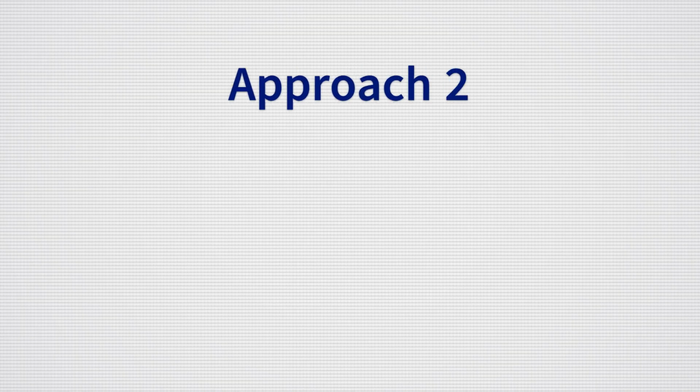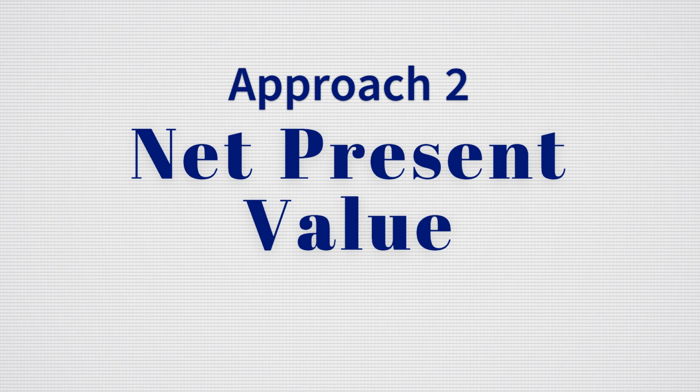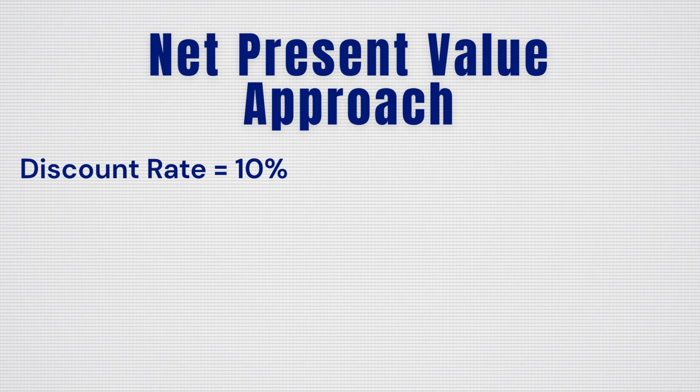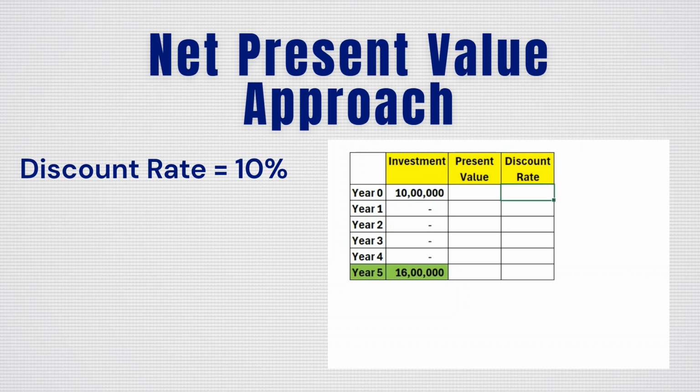For this, the analysts are now using the net present value approach. They are computing the present value of 16 lakhs, discounting it at the rate of 10%. This could be done using a present value formula in Excel.